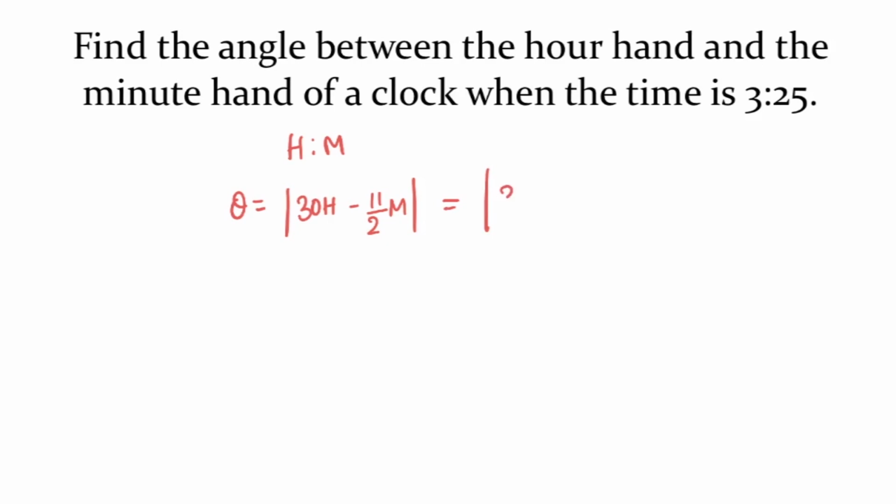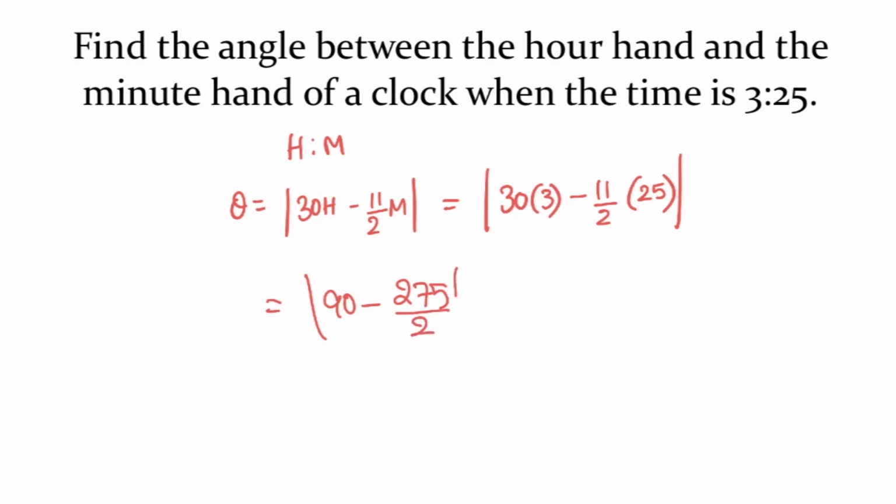So substitute 30 into hours 3 minus 11 by 2 into minutes 25. 30 into 3 is 90, minus 11 into 25, 275, divided by 2. 90 minus 275 by 2 is 90 minus 137 and a half, which is minus 47 and a half degrees.